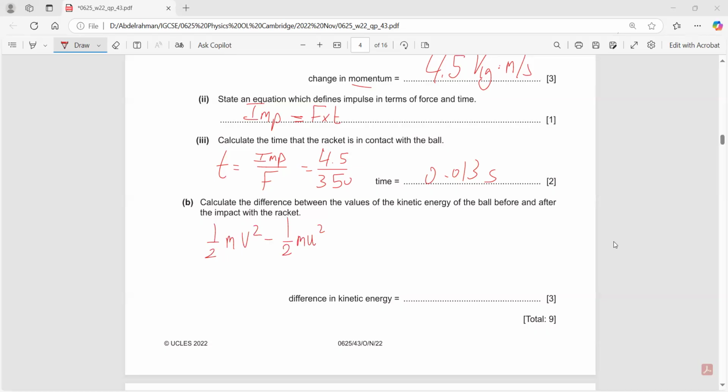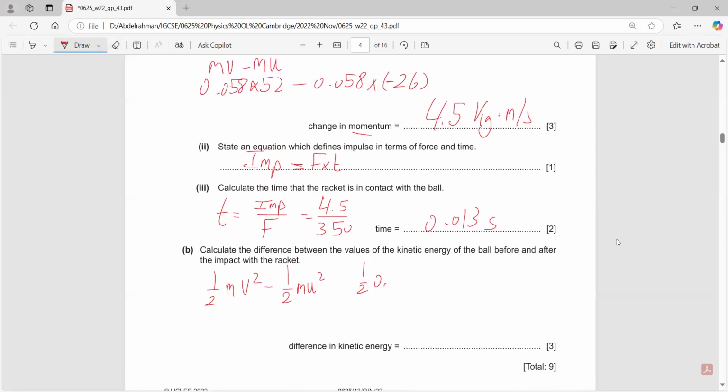Okay. Half times 0.058. You can just open a bracket and add 52 squared minus 26 squared, which would be a lot easier.